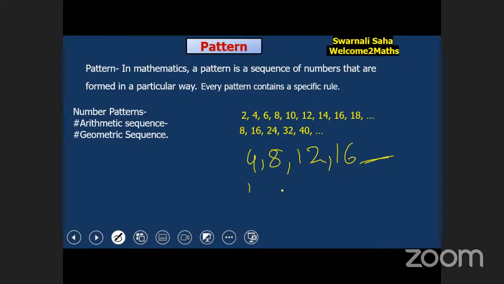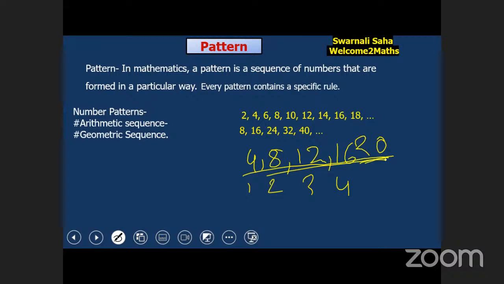Four ones are 4, 4 twos are 8, 4 threes are 12, 4 fours are 16. So 4 fives are 20. Okay. So this is a number series. This type of question comes in many ways.